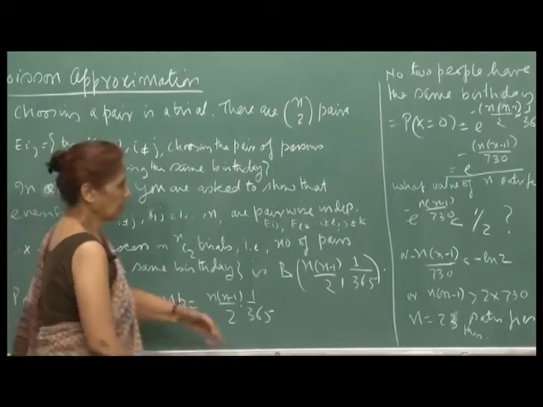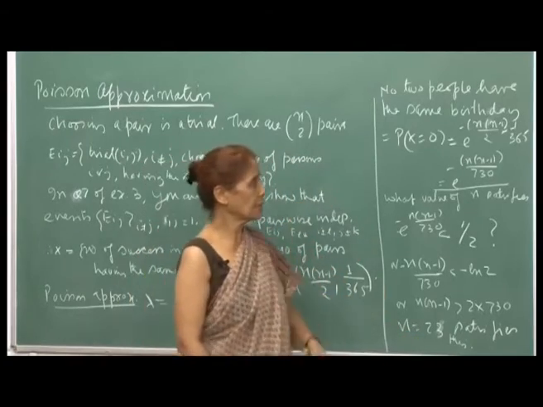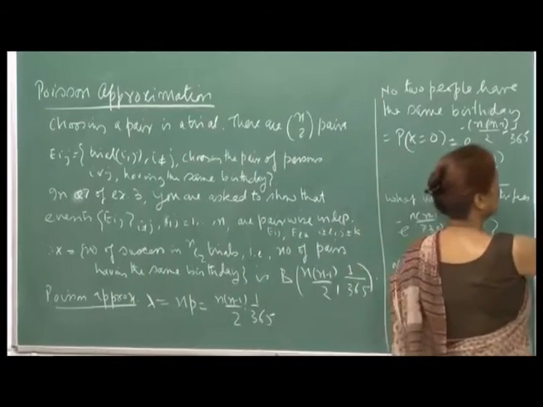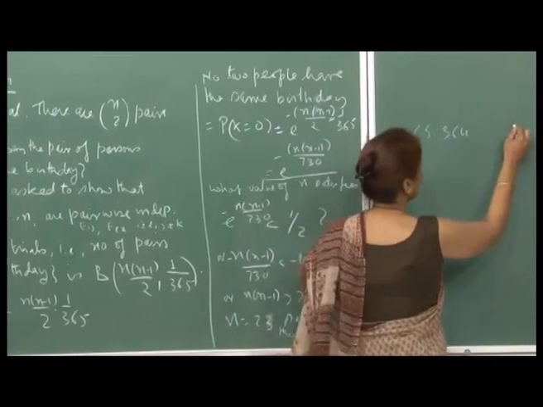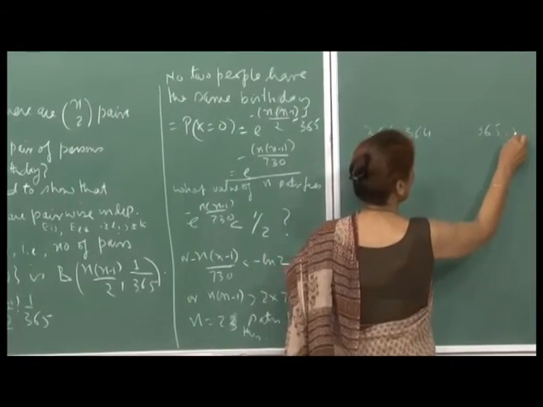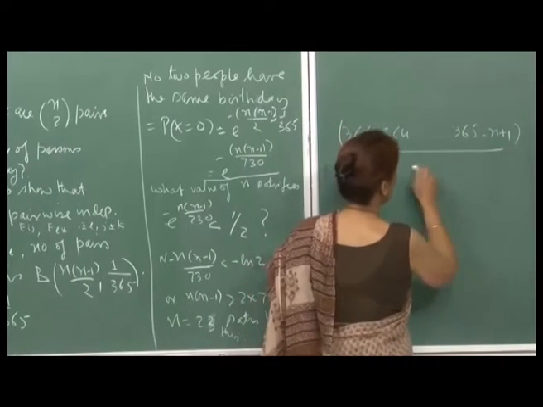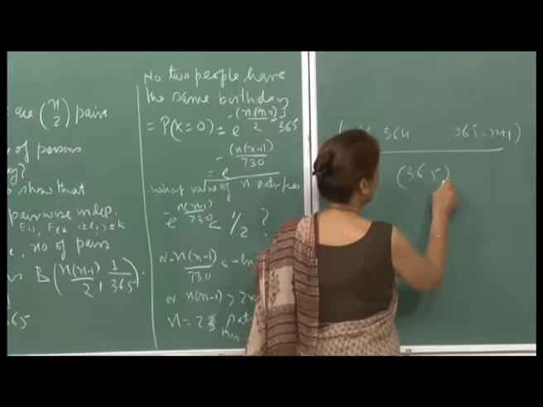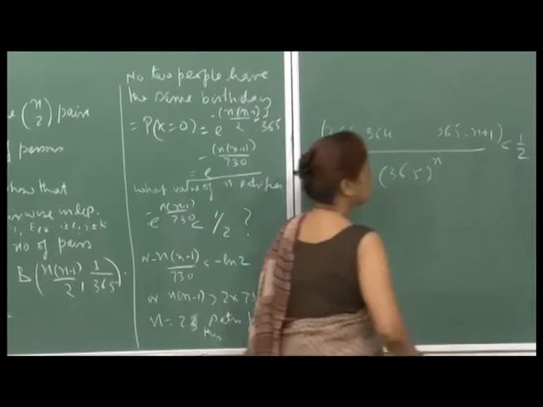Here the computation was quicker, because remember there I was trying to say 365 into 364 up to 365 minus n plus 1, divided by 365 raised to n, should be less than half.